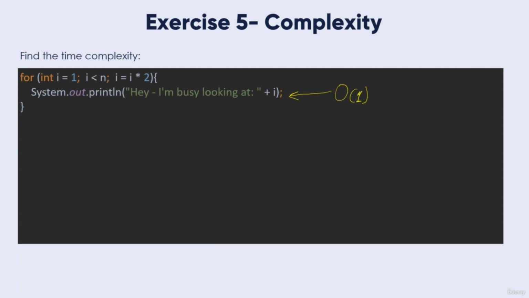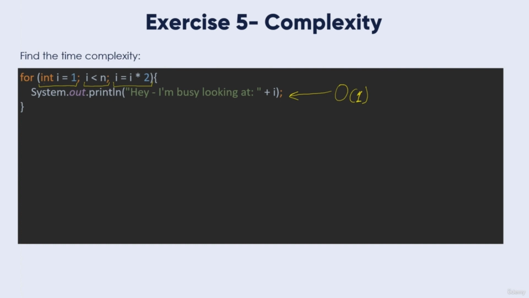Now, look at the loop. We have this section: the initial condition, the stopping condition, and the increment condition. We are going to understand how the loop behaves in order to get the correct time complexity.